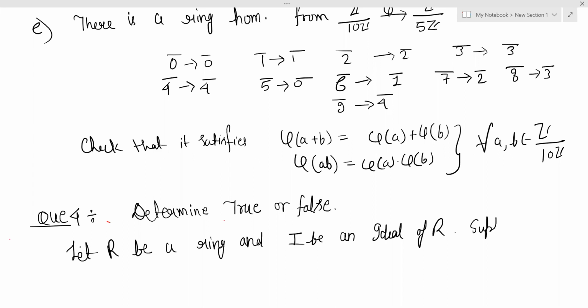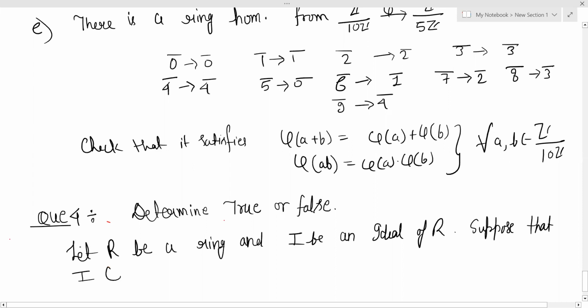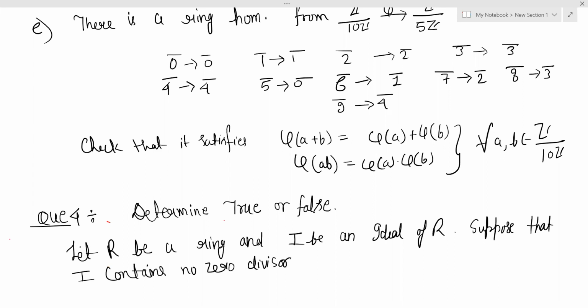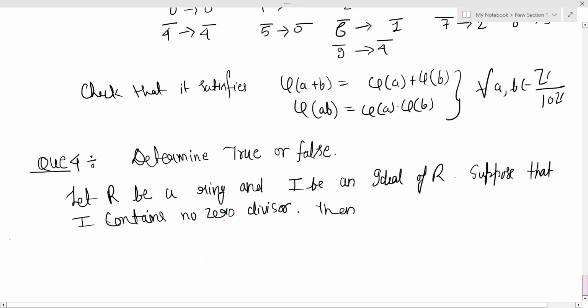Suppose that I contains no zero divisor, then we have to say then I is a prime ideal, true or false?